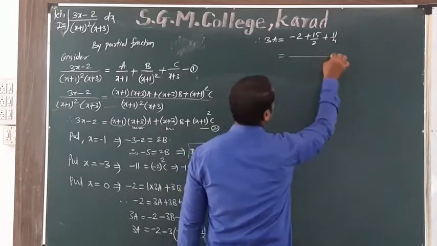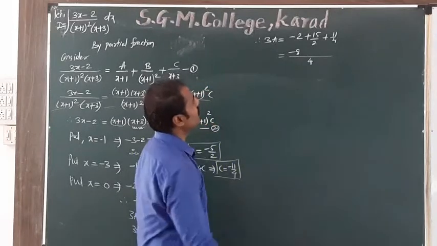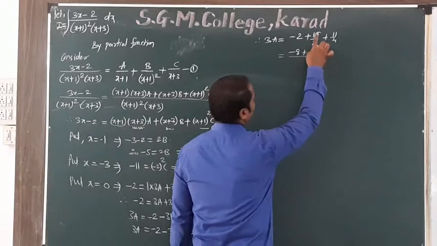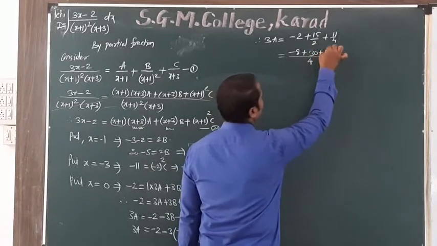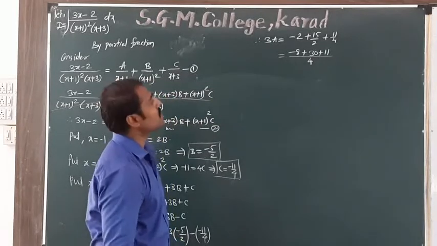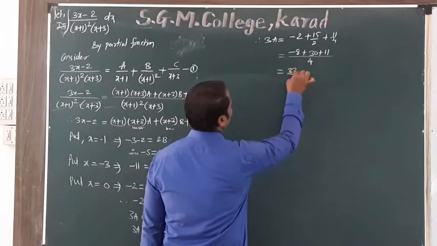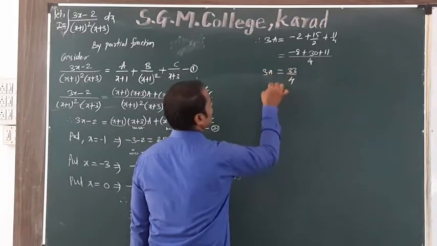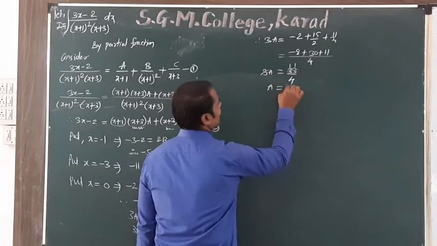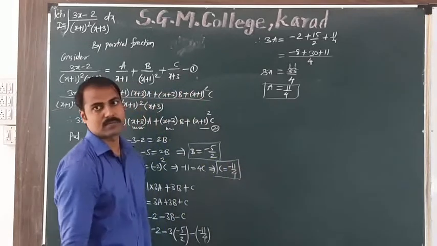Making the denominator the same, we multiply minus 2 by 4, minus 8, plus multiplying by 2, it's 30, plus 11. Minus 8 plus 30 plus 11 is 33 divided by 4. 3a is equal to 33 divided by 4, so the value of a is 11 divided by 4.